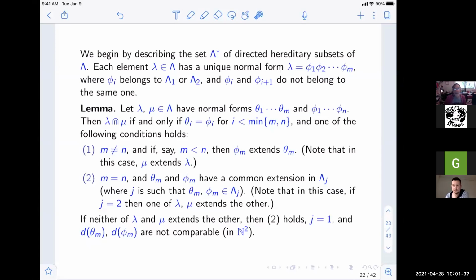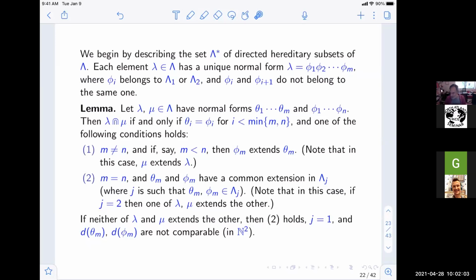Yes, ultrafilters is a good way of doing it. I think the directed hereditary sets are easier to identify in an example, so having that characterization of the ultrafilters is a useful tool. When I wrote this stuff up originally, I did it in terms of ultrafilters. I see. Thanks. You're welcome, it's a good question.